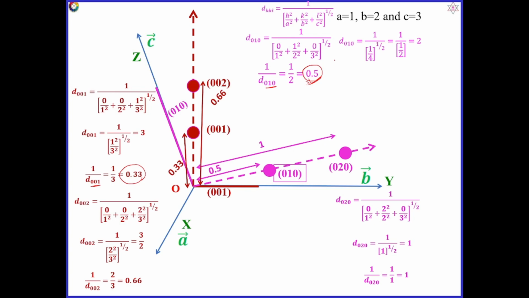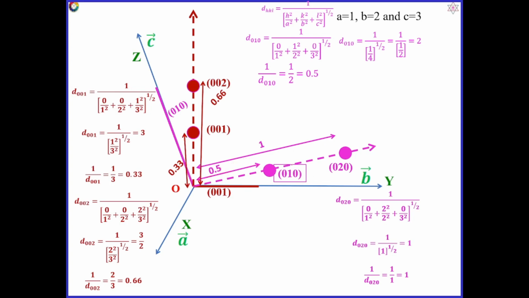Here we considered one example. From this example we found that the reciprocal of D001, the distance, is 0.33, and we consider this much distance, then 0.5 obviously will be greater than this distance.